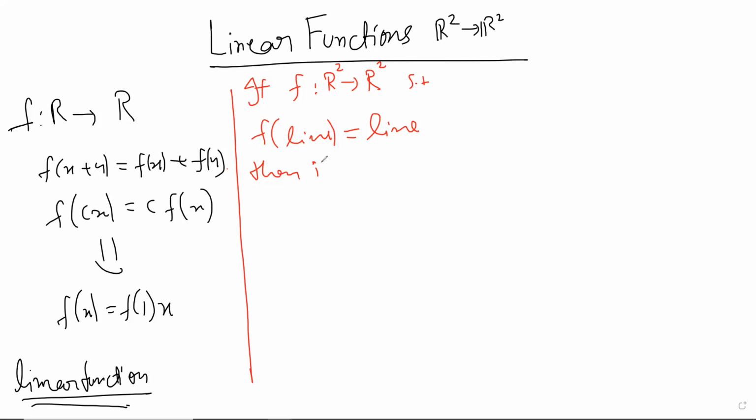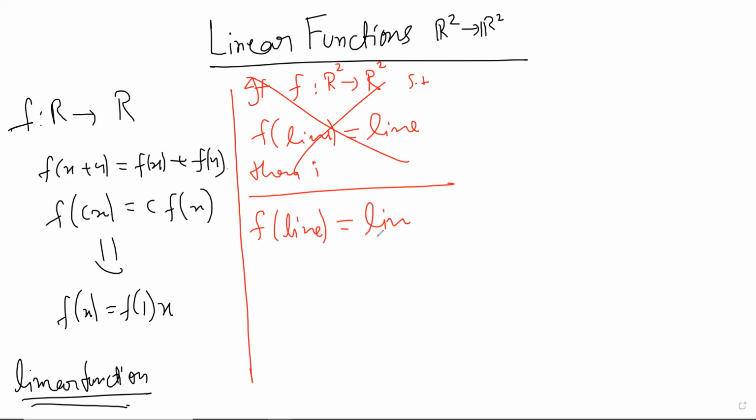So I think I am not making much sense, right? So when I said earlier that f takes a line to a line, then what did I mean here? I mean f is a function from R to R, right?